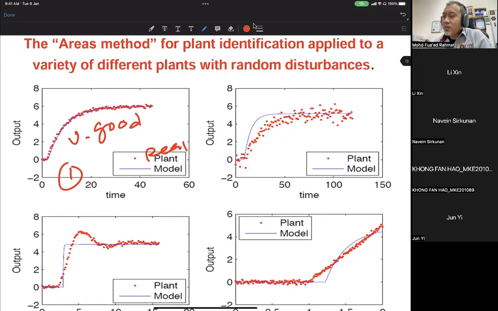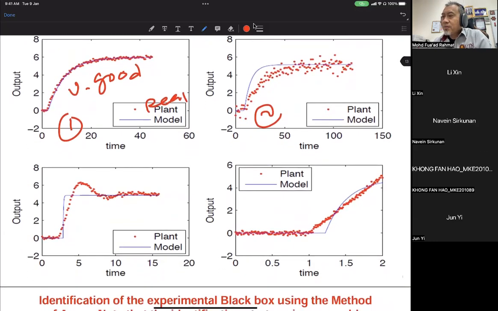The real one is the red dots, the real data, and the estimated model cannot fit the real plant data as shown in number 2. This one needs to be redone by choosing a different model structure.